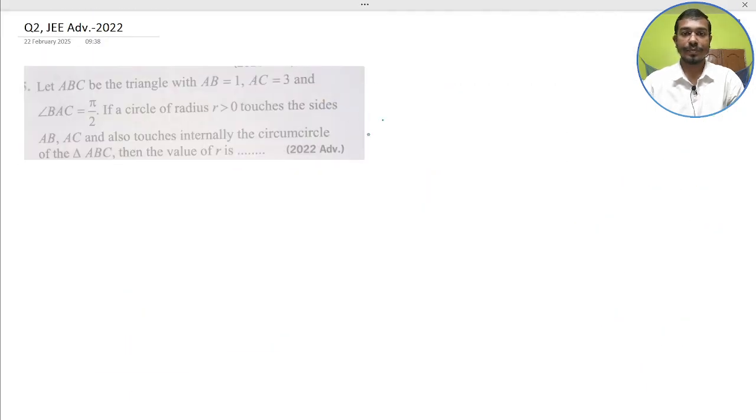Question number 2, JEE Advanced 2022, NAT, numerical answer type. Let ABC be the triangle with AB equal to 1, AC equal to 3 and the angle BAC is pi by 2. If a circle of radius r greater than 0 touches the sides AB, AC and also touches internally the circumcircle of the triangle ABC, then the value of r is what?